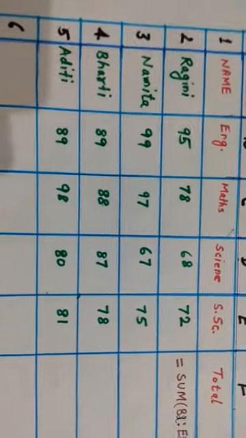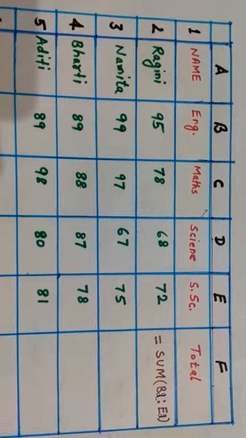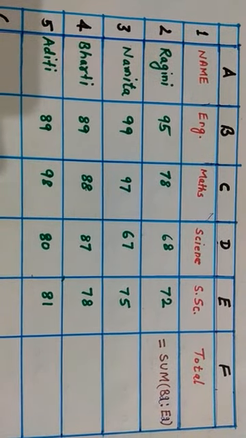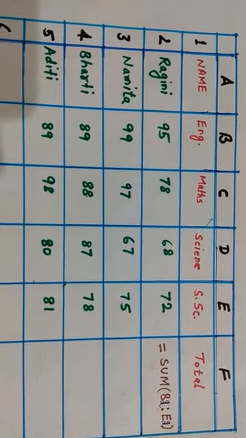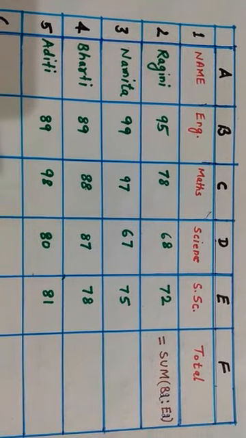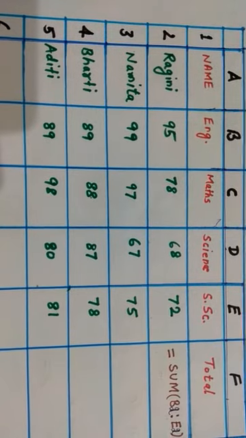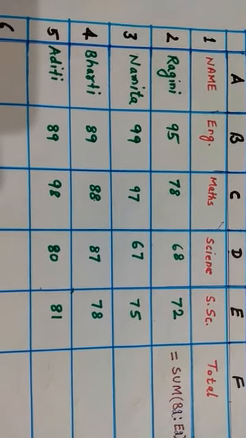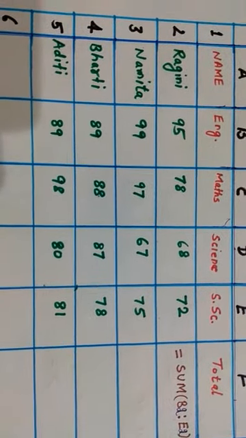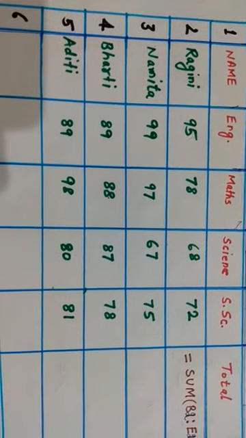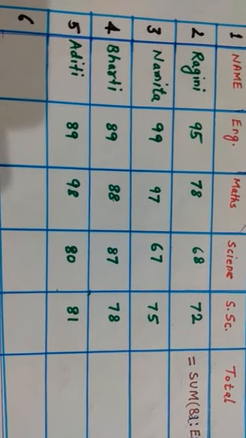Let us look at the following worksheet. As you can see, columns are named A, B, C, D, E, F and so on, and rows are numbered as 1, 2, 3, 4, 5 and so on. Each cell belongs to one column and one row.